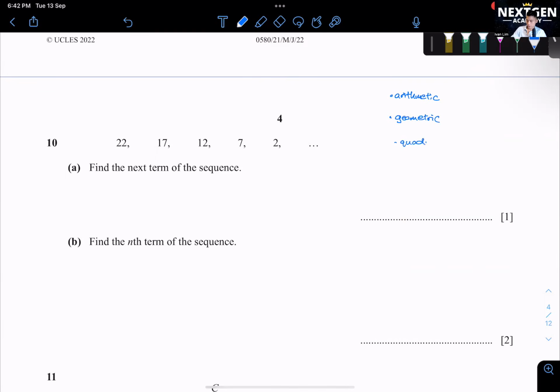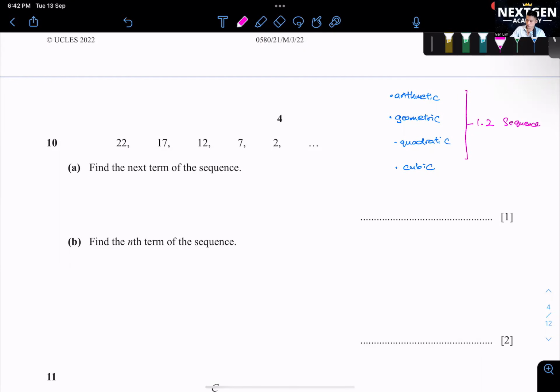Quadratic. And cubic. Write this down. If you don't know any of these, go to Thinkific and watch 1.2 on sequences.